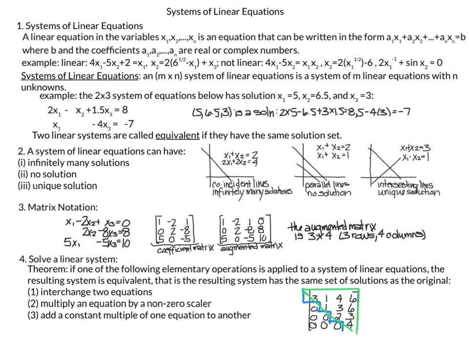To review what we have covered in this video, first we started with the definition of a linear equation with n variables, x1 up to xn. A linear equation is one that can be written in the form a constant times x1 plus potentially a different constant times x2 plus an nth constant times xn, and that's also equal to a constant. Again, our a1, a2, an, and b are all constant coefficients.